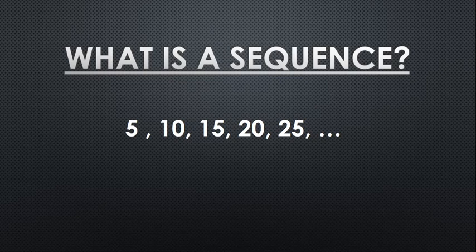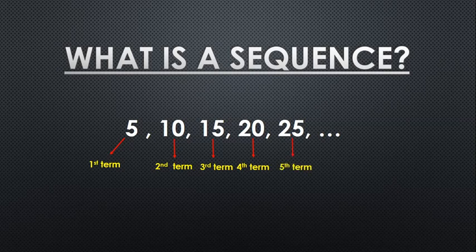So the first term is 5, the second term is 10, the third term is 15, the fourth term is 20, the fifth term is 25. And finally, the three dots in the sequence mean that the sequence is going towards infinity.